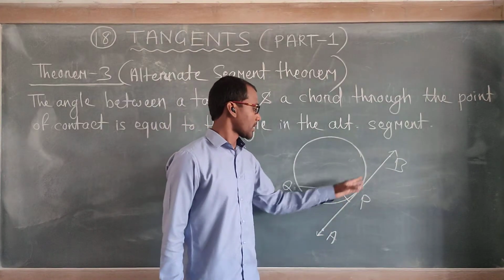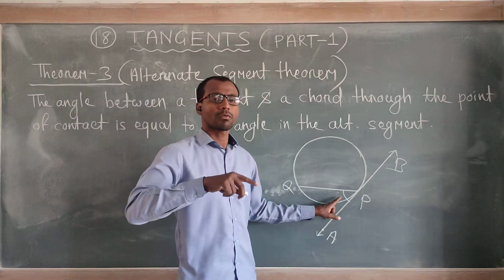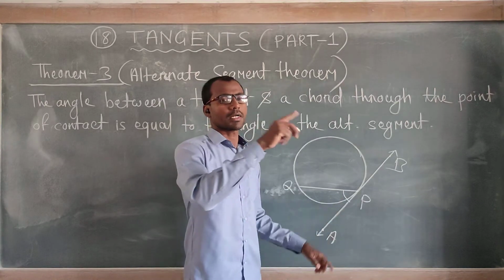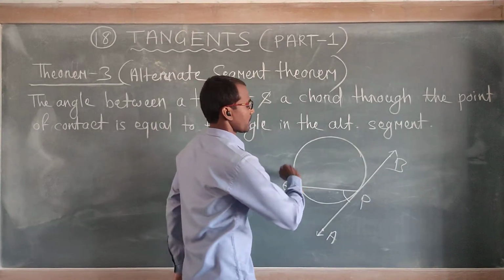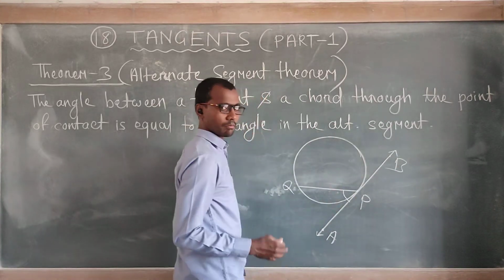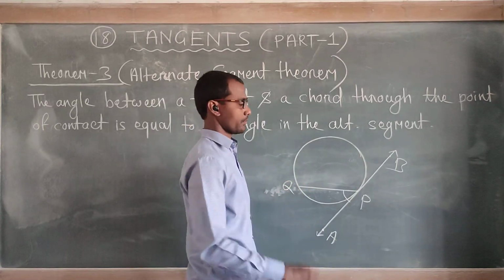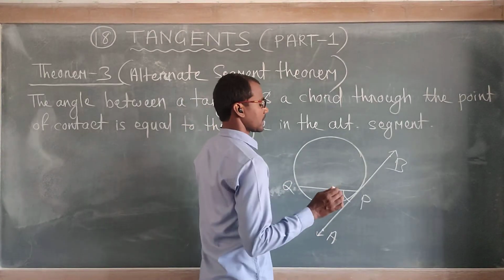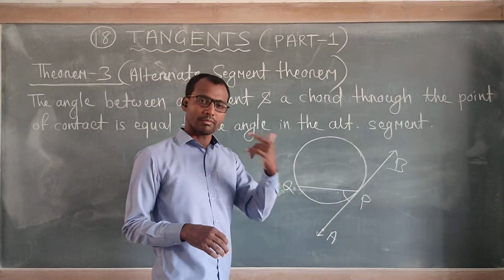Clearly, the angle between the tangent and the chord is in the minor segment, so it will be equal to the angle in the alternate segment subtended by the same chord. Major arc gives you major segment, minor arc gives you minor segment. Since the angle is in the minor segment, we will take the angle in the major segment.